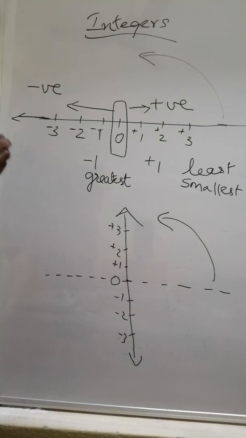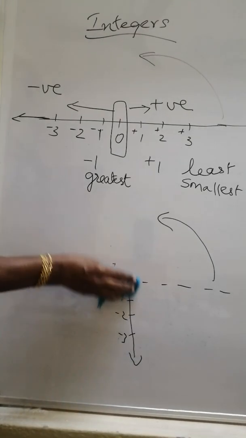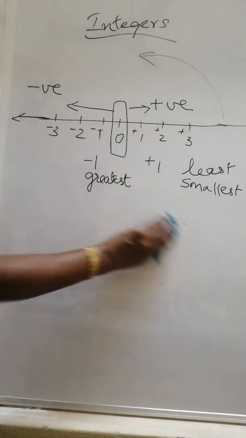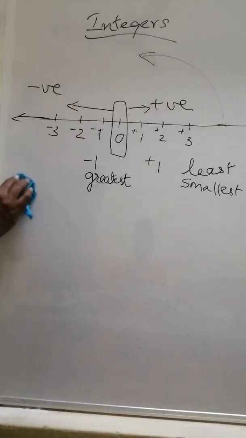Now we have to learn how to add two integers. First we learn about addition, then we come to subtraction. See, almost all of the students find it very difficult to add and subtract integers.